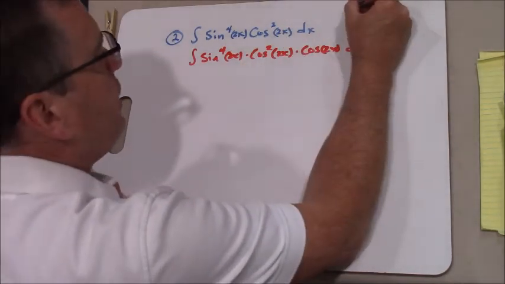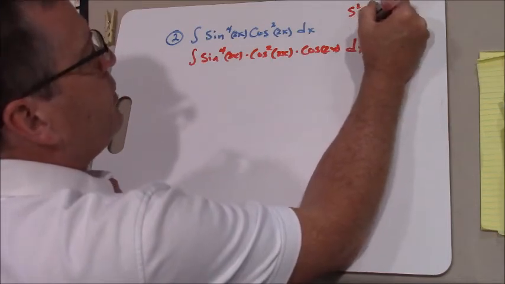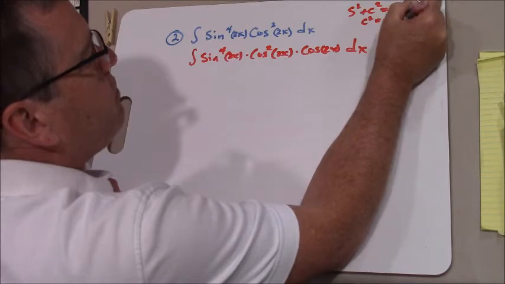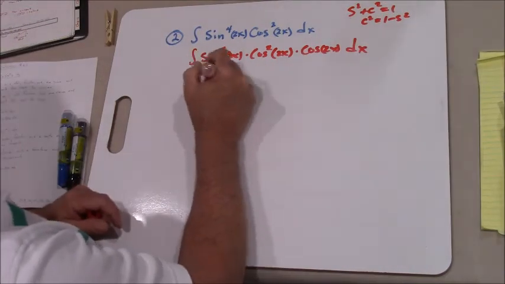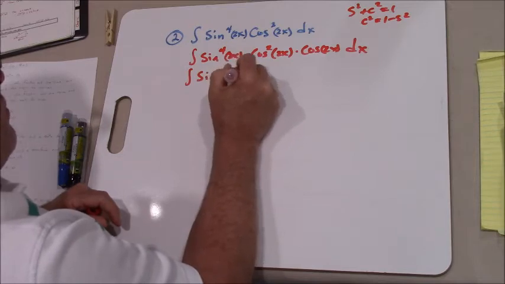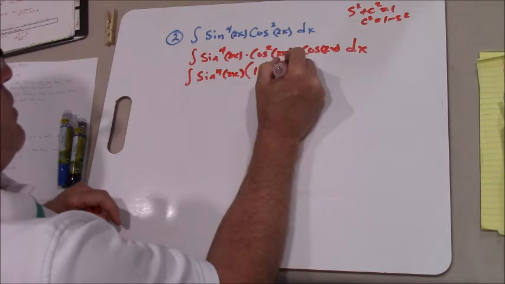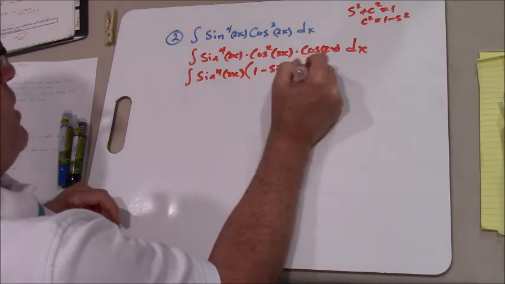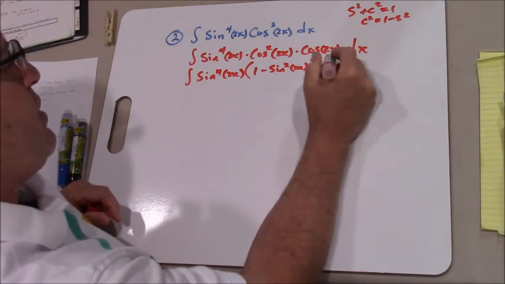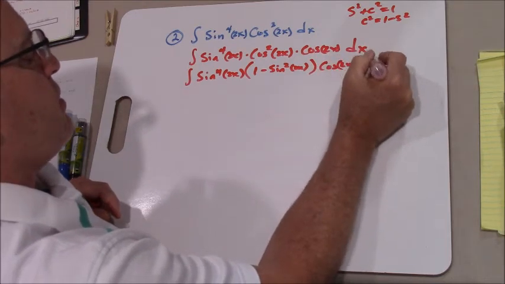So again, sine squared plus cosine squared equals 1. So therefore cosine squared would equal 1 minus sine squared. So I now have sine to the fourth of 2x times 1 minus sine squared of 2x times a cosine of 2x dx.